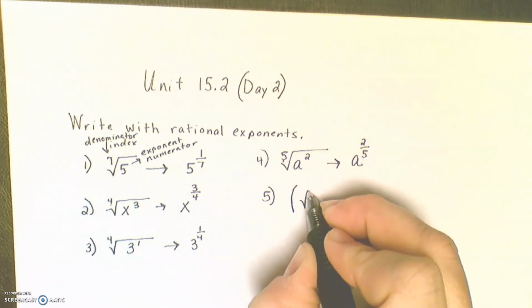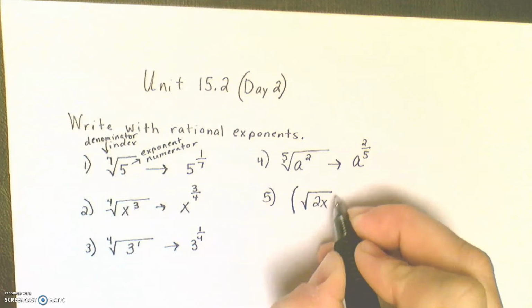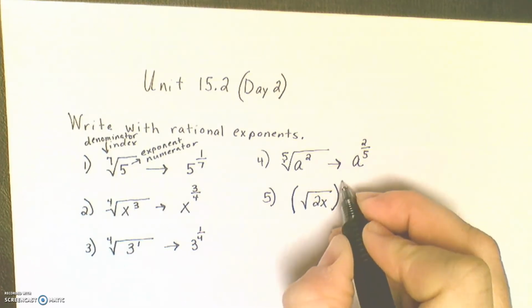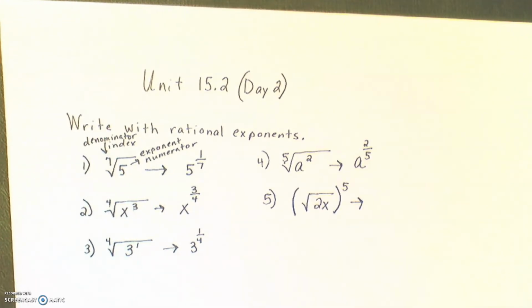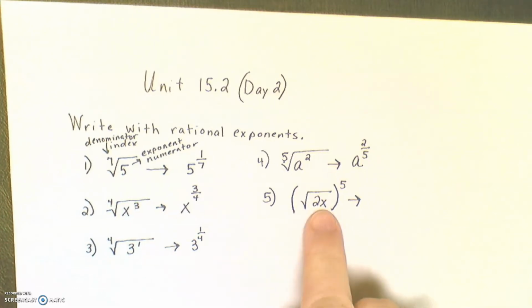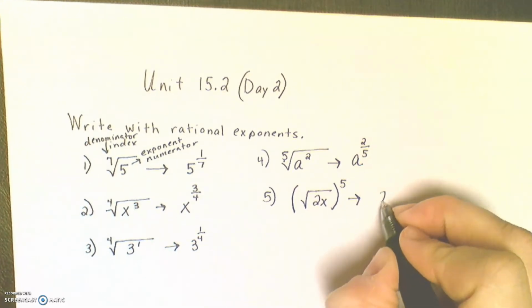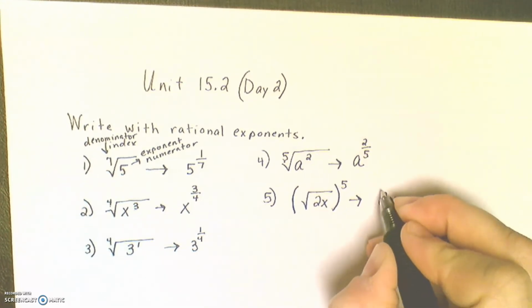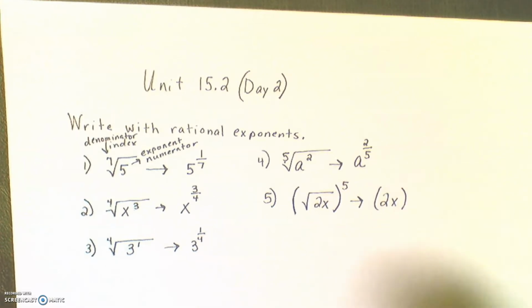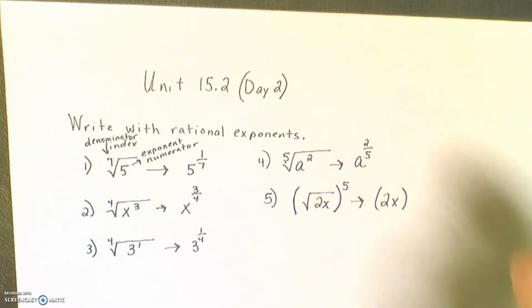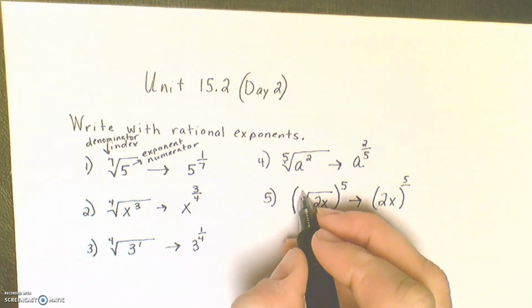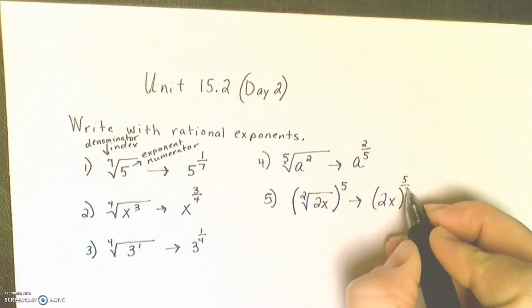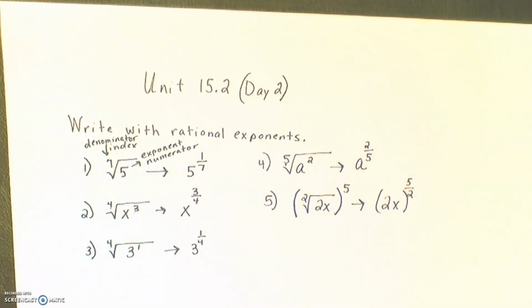Let's do the square root of 2x. This is to the 5th power. The radicand is in parentheses. Exponent, 5 is the numerator, index is the square, the denominator.